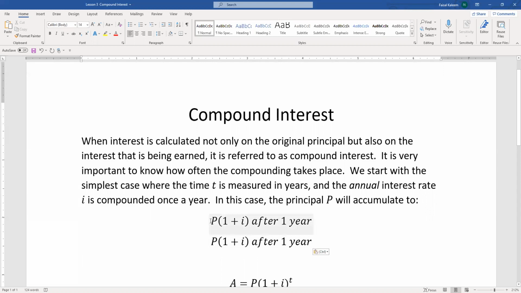With the interest included, you have P times (1 plus I) after 1 year. In the second year, the interest will be calculated not just on the P, but on the whole P times (1 plus I). So when you do P times (1 plus I) times (1 plus I), this is what you will have after 2 years.